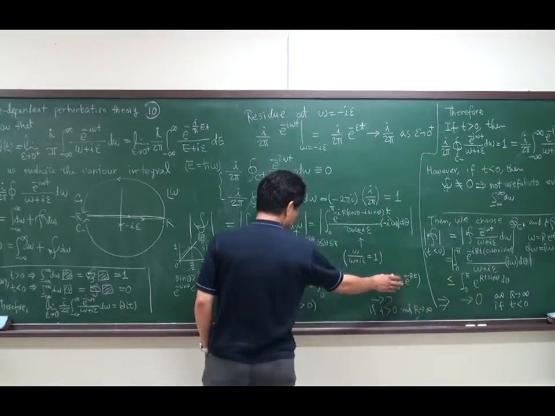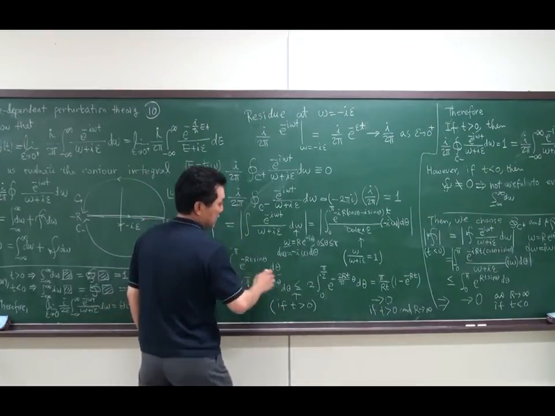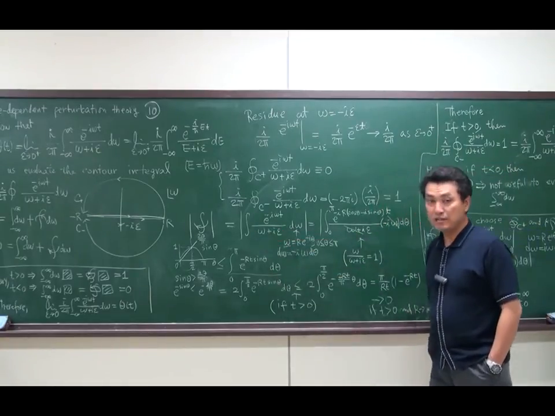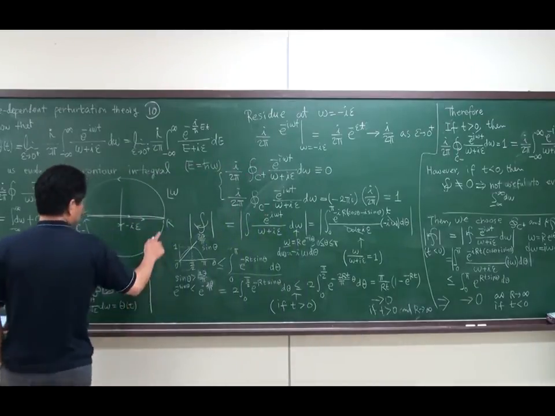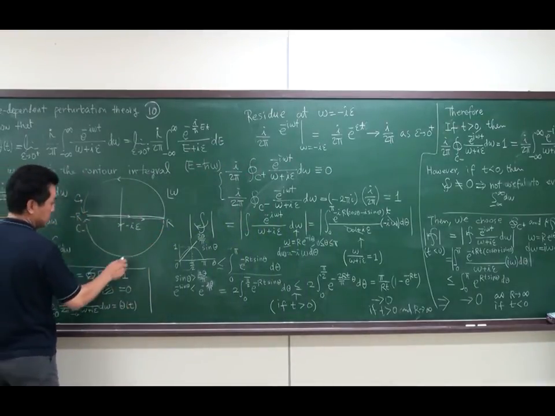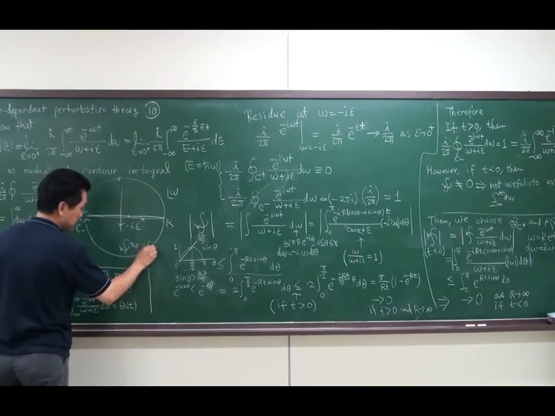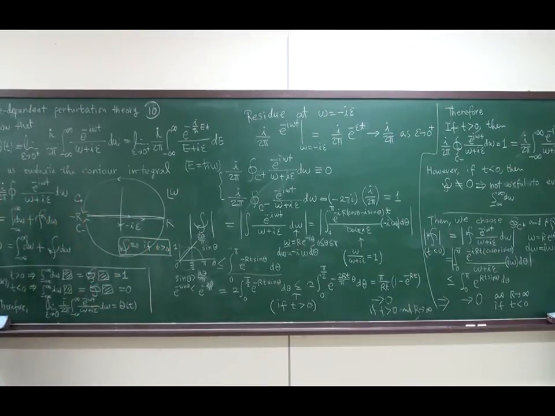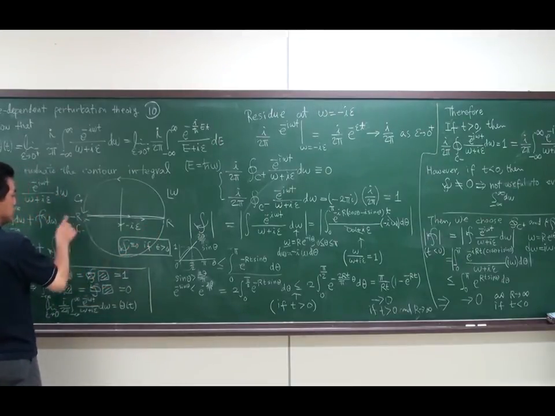Because this 0 is an upper bound of the absolute value of this integral, if t is positive, that integral must vanish. Therefore, this integral equals 0 if t is positive.